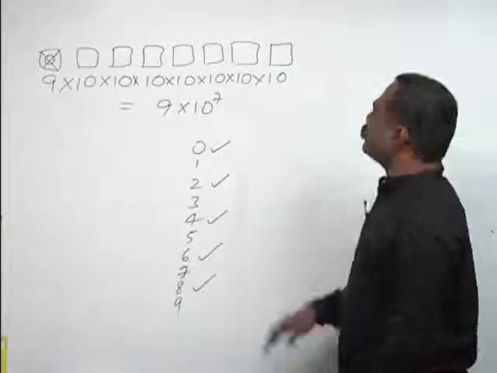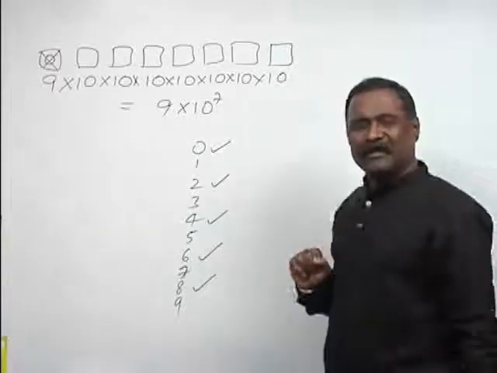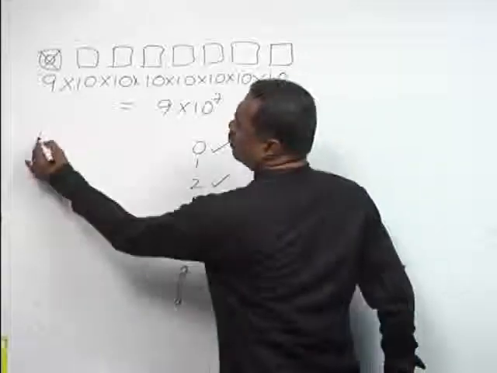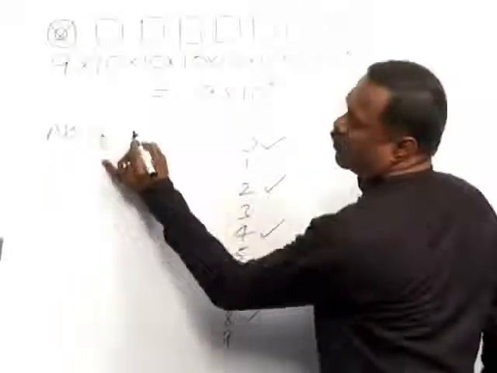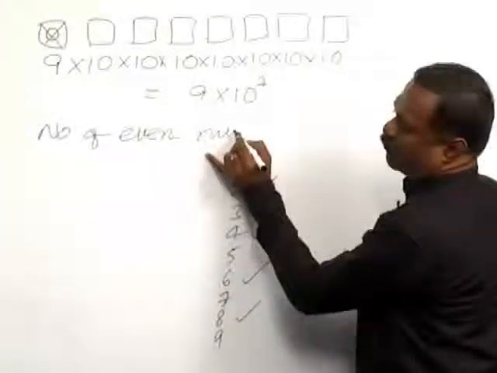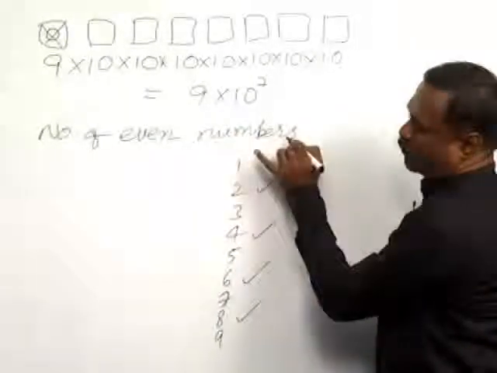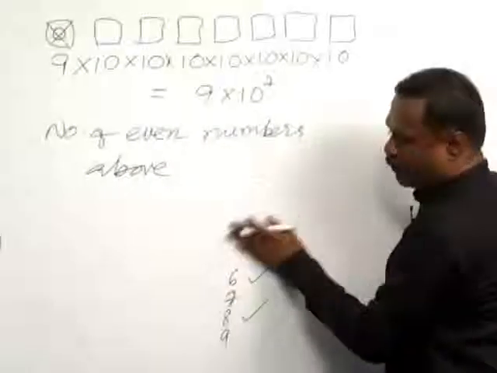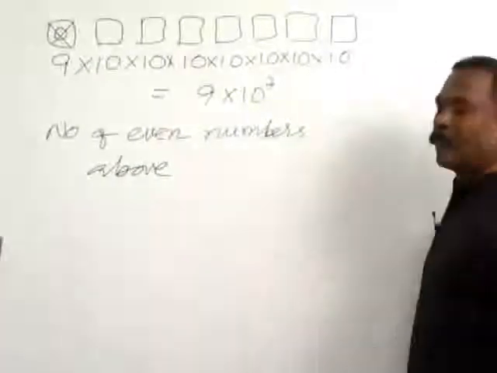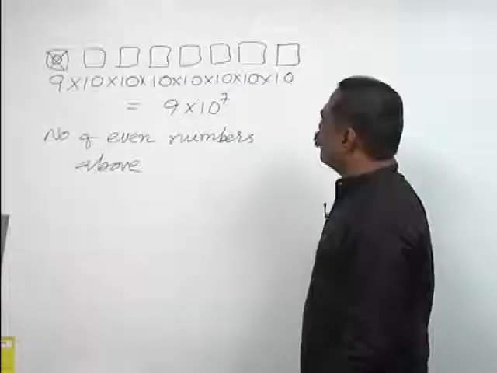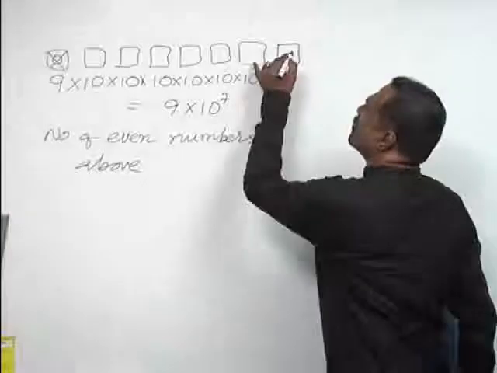What I need now is the number of even numbers above. So what I'm doing, first I'll fit 0 here.